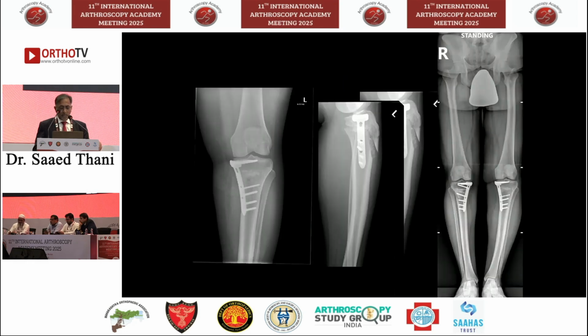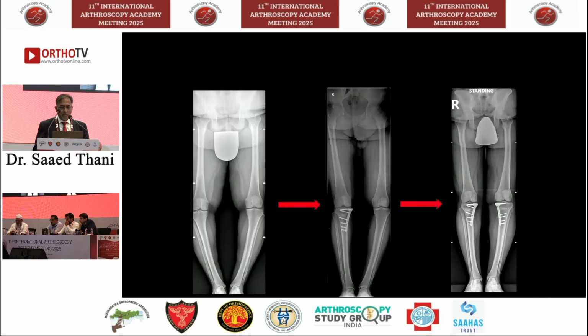So we did a similar procedure on the other side with a large correction and with a plate. And it went well, and we corrected both sides. So the size of the defect is not the limiting factor in what you do when you correct.